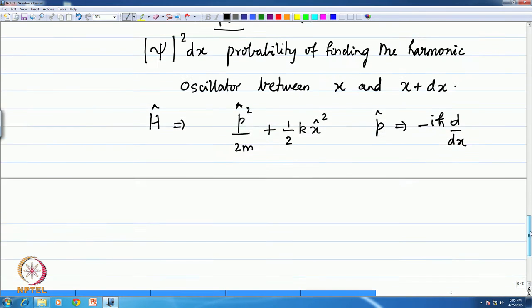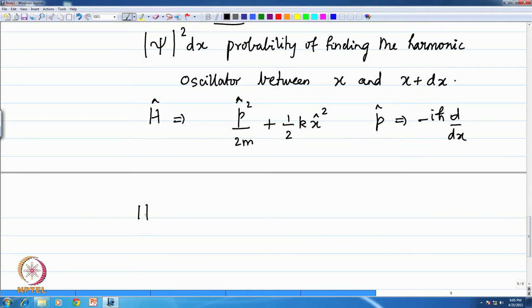which leads immediately to this formula, namely H is minus h bar square by 2m d square by dx square, as you had it in the particle in the one dimensional box, plus half k x square, which is the potential energy associated with the harmonic oscillator.